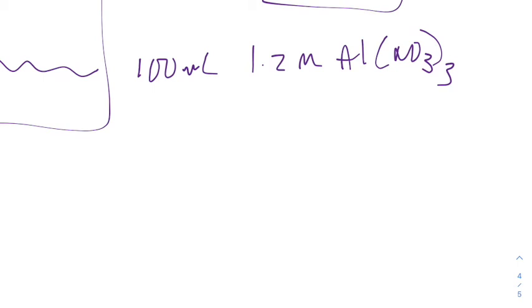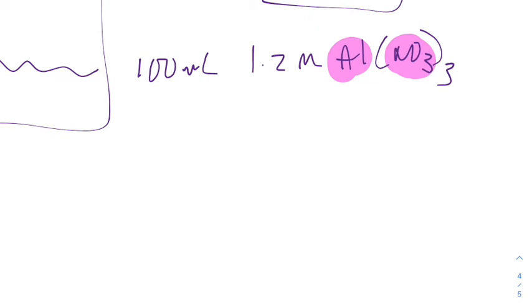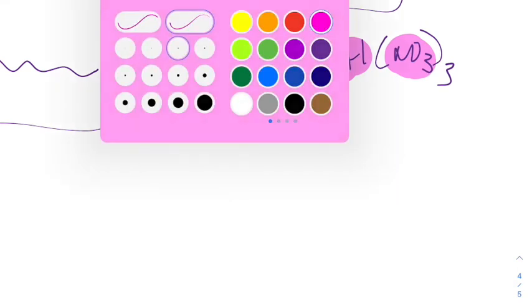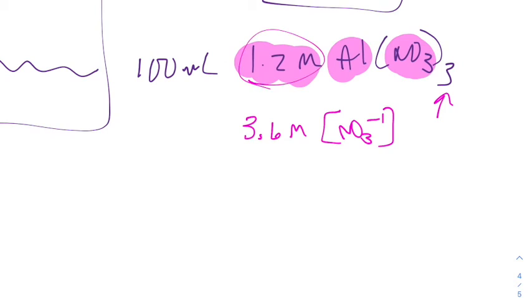We have 1 aluminum and 3 nitrates with a 1.2 molarity, and it's a tricycle situation because of the 3 that's there. So really we have 3.6 molarity of the nitrate, because it's 1.2 tricycles, but we're interested in the tires, so it's really 3.6.